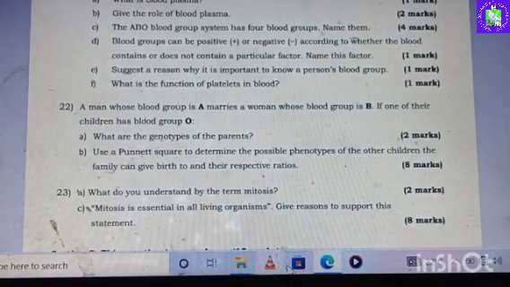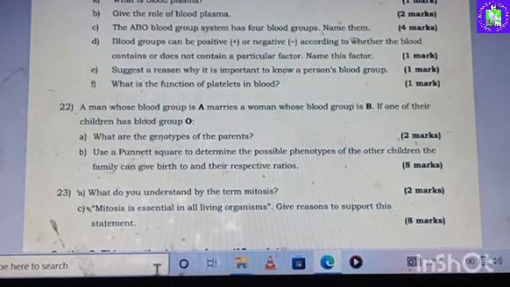And then for question B, use Punnett square to determine the possible phenotypes of other children.